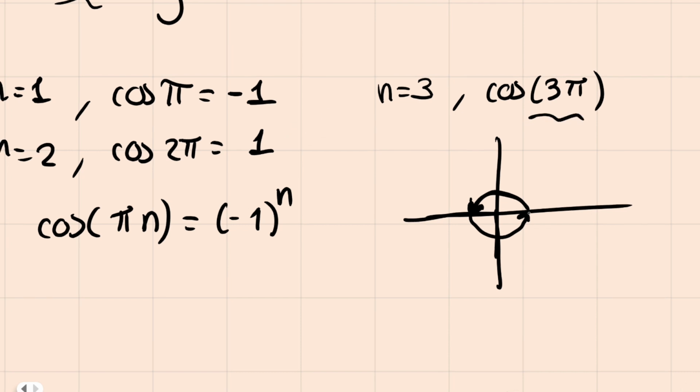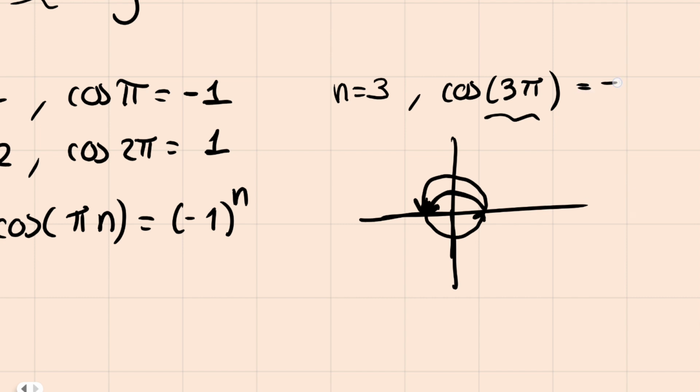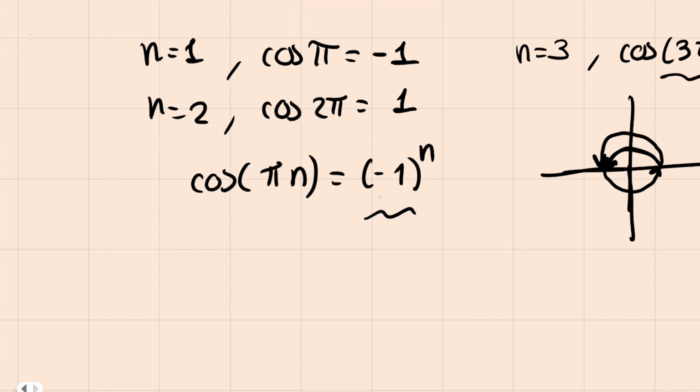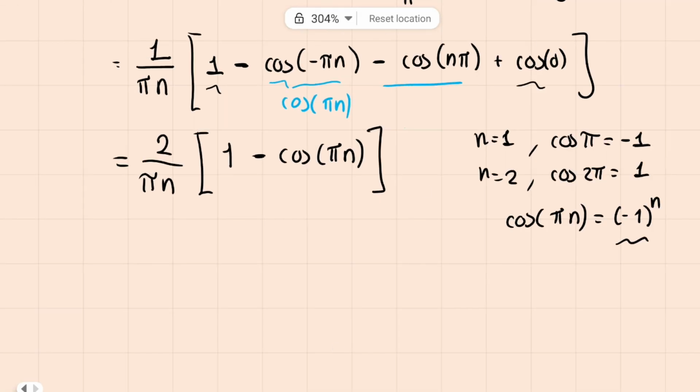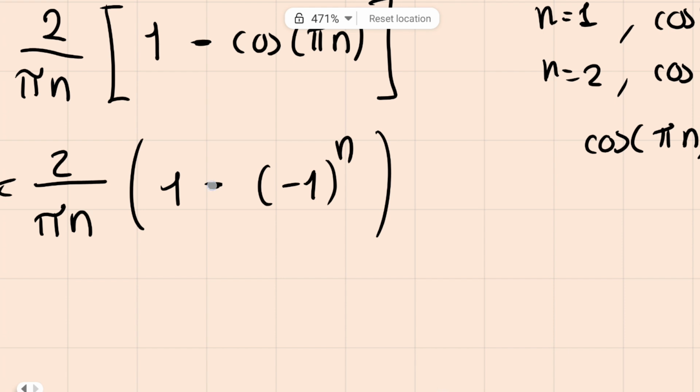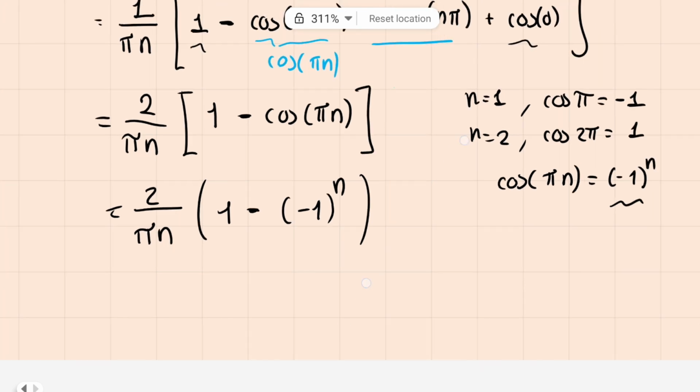And cosine of 3 pi will be again the cosine of pi situation, so that's why this is going to be equal to negative 1. So again, we oscillate between negative 1 and 1. So we can rewrite this as 2 over pi n times 1 minus negative 1 to the n. We could take this negative 1 and write this as 1 plus negative 1 to the n plus 1, maybe, but we are going to leave this expression as it is.